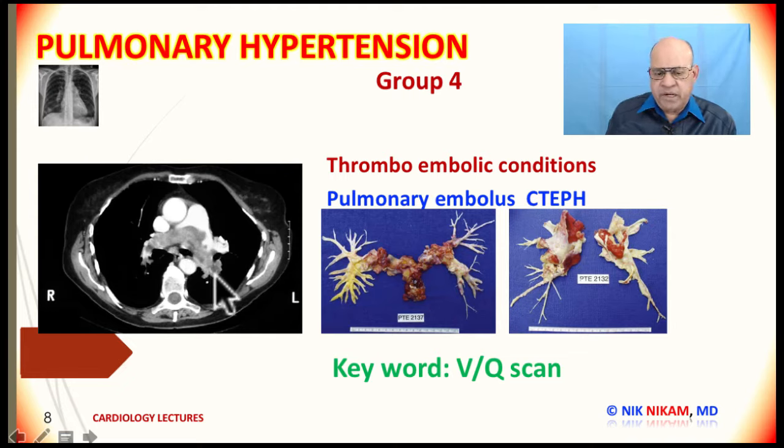With the modern techniques, now we are able to remove these blood clots from the major pulmonary arteries using catheter techniques or even vascular surgery, and dramatically improve their overall pulmonary function. One of the key questions they are going to ask you is, how do you screen patients for thromboembolic pulmonary hypertension? And the answer is VQ scan.